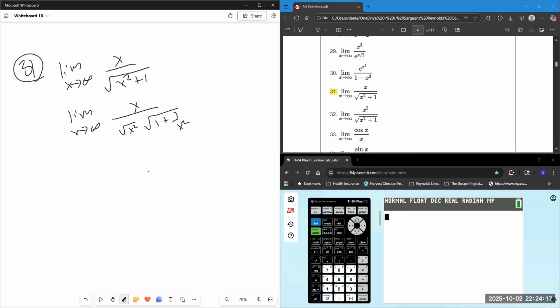This is really an absolute value of x. An absolute value of x is x when x is greater than or equal to 0, negative x when x is less than 0. I'm definitely on the greater than 0 side, so limit as x goes to infinity. Let's just write it out all the way.